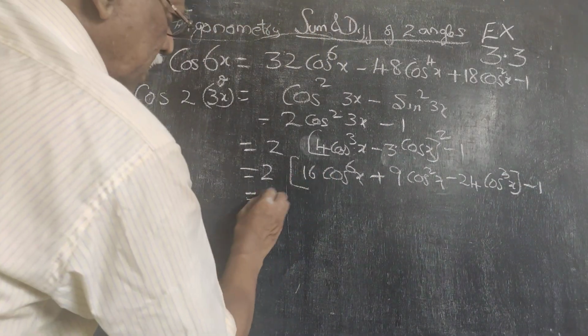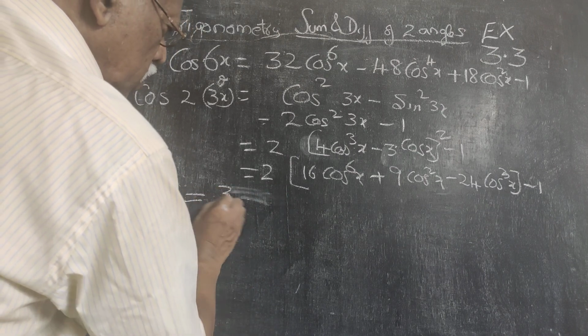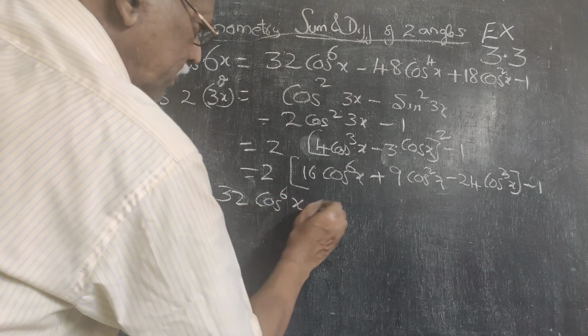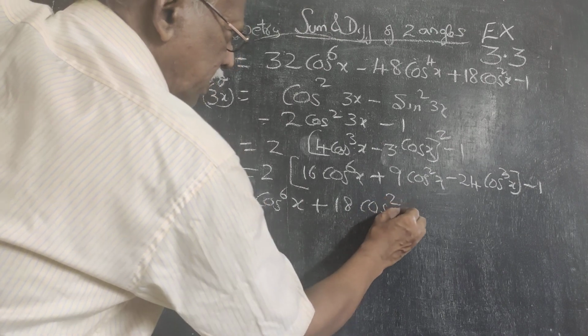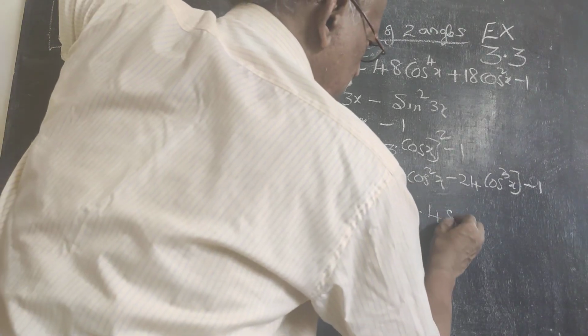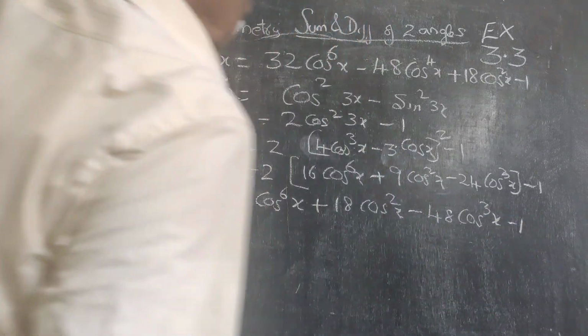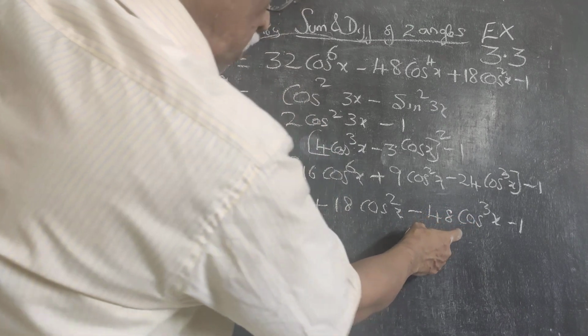If you multiply that 2 into 16, this is 32. So 32 cos power 6 x, and this is 18 cos square x, and this is 48 cos cube x, and then minus 1. 32 is there, minus 48 cos power 4.